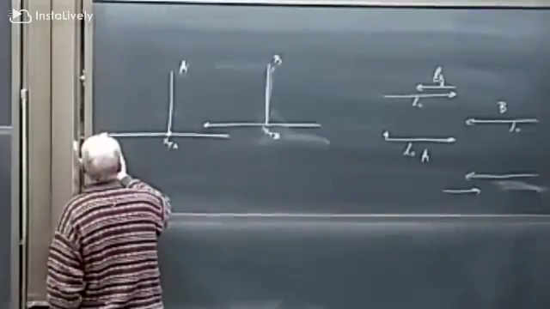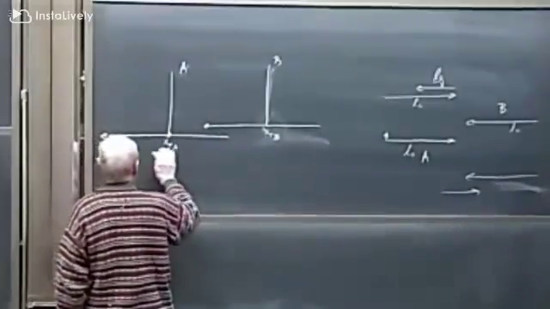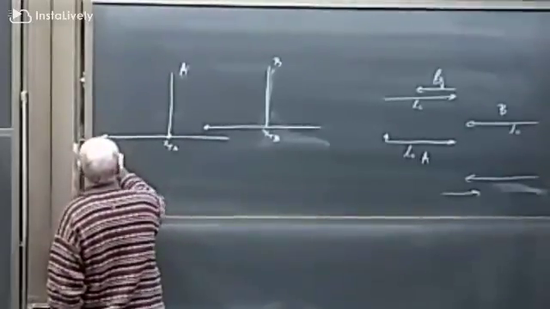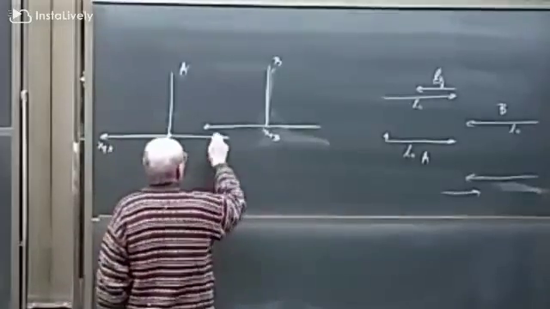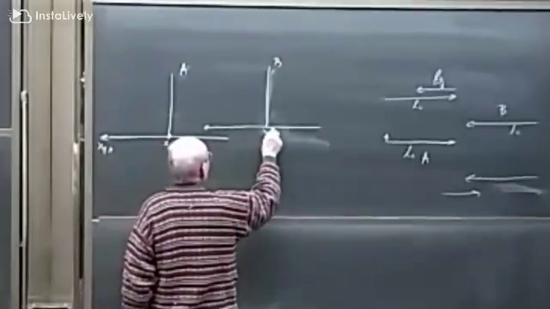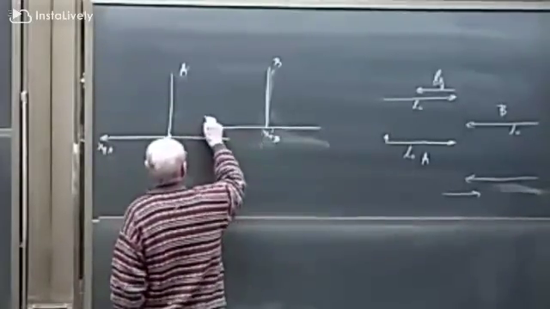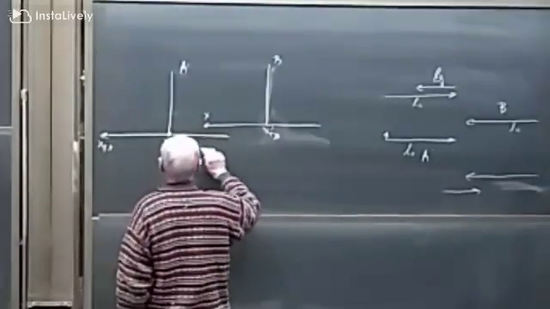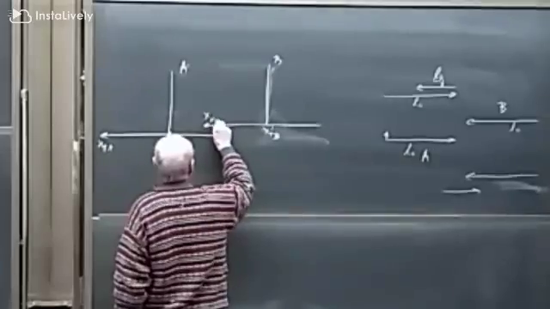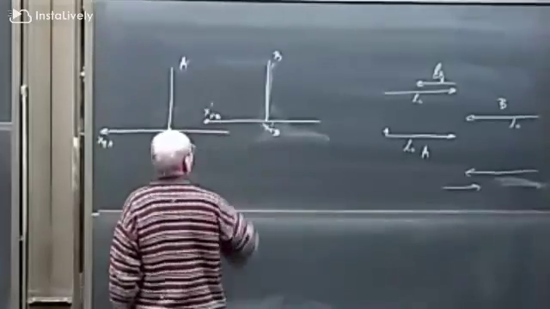This is nose. This is tail. And this is nose. Yeah, thank you. And then this one is, so that's X tail of B, and this is X nose B. Right.